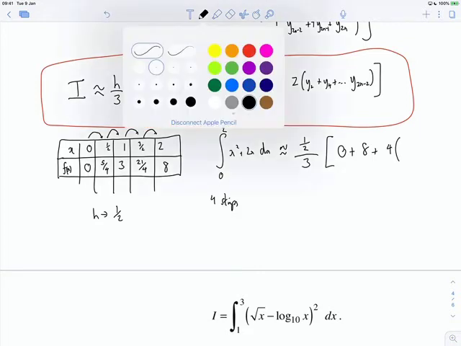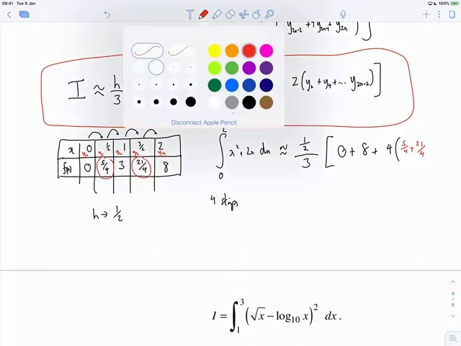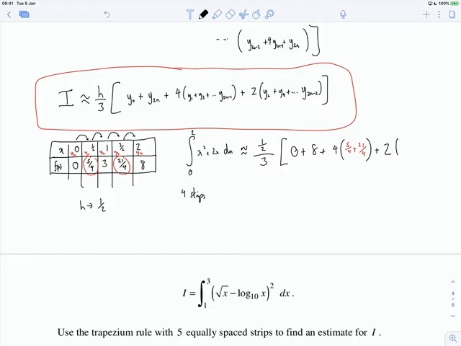And now think about this very carefully. This is y0, this is y1, this is y2, this is y3, this is y4. So the odd y values are going to be 5 quarters and 21 quarters. So this is going to be 5 quarters plus 21 quarters. And then it's plus 2 lots of all the even ones that weren't the first and the last. That's just going to be 3 at the end.